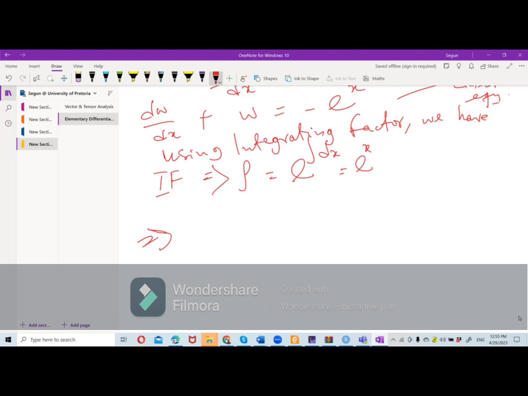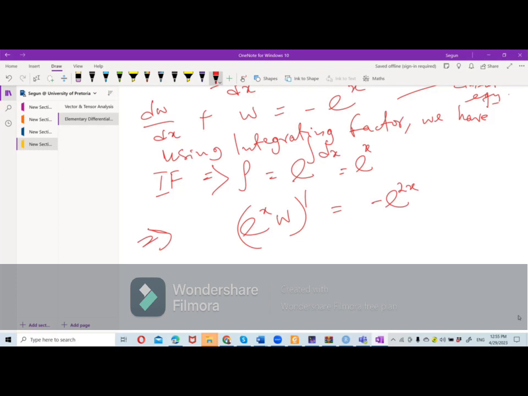If I bring this one in, what do I have? If you do the integrating factor very well, you will have exponential x omega prime equals to minus exponential 2x.